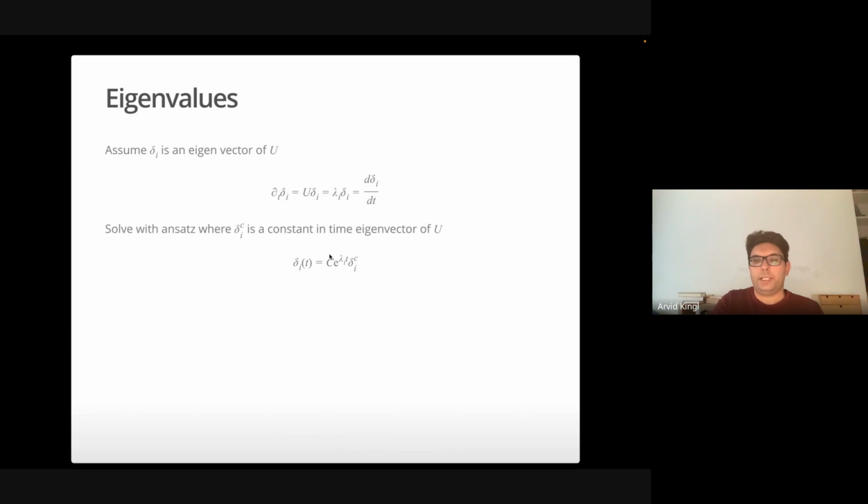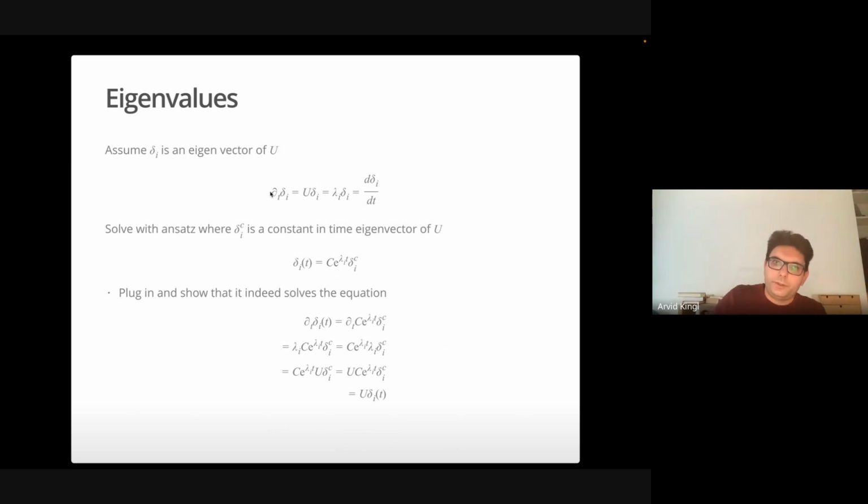If you assume that the time dependence is essentially an exponential in front of a constant vector, so it's a very simple time dependence, if you will, and you plug that into this equation, you can actually show that it indeed solves it, just because the temporal derivative is essentially just your prefactor from your exponential, which you can reabsorb into the eigenvector.